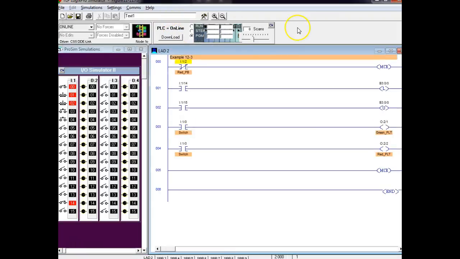So this is the problem we have with examine open. Switch 0 is closed, and these are both switch zeros, by the way, and both my loads are off. And I'm using a normally closed contact down here.